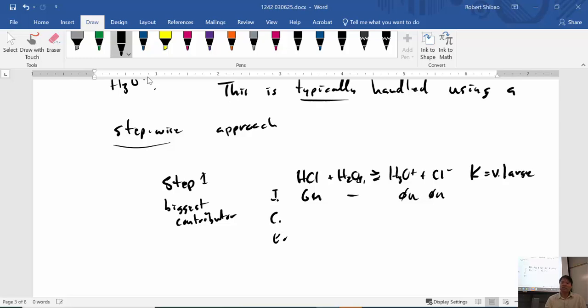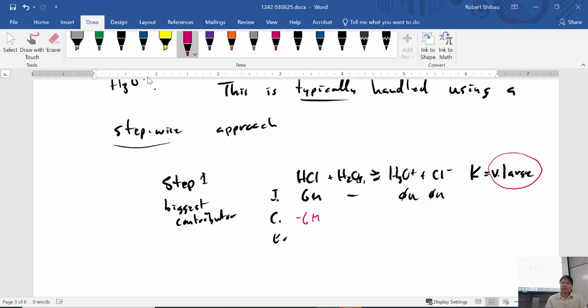If K is very large, what is the extent of the change? It's almost all of it. But we don't actually have a number here, so we're just going to assume it's all of it.